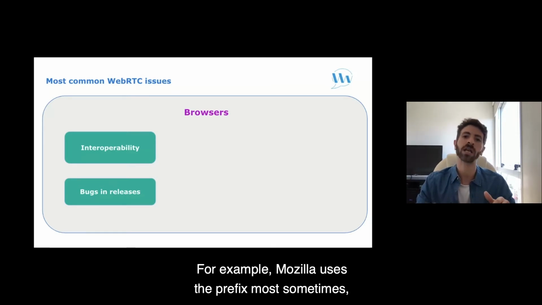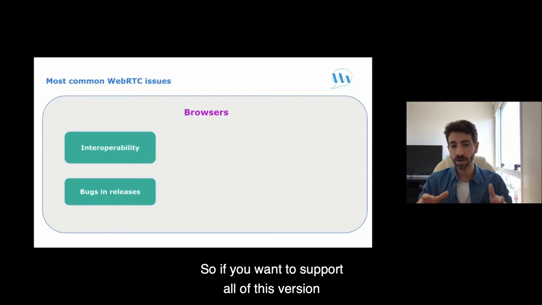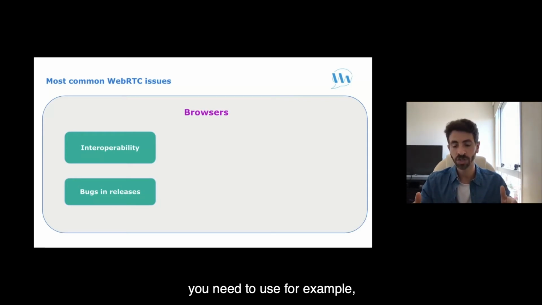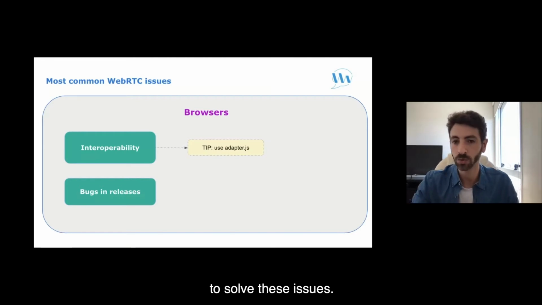For example, Mozilla sometimes uses the prefix moz in some versions. So if you want to support all of these versions, you need to use, for example, adapter.js, which is a shim to solve these issues.